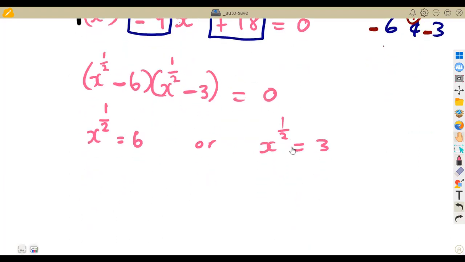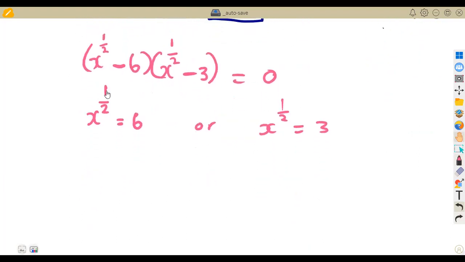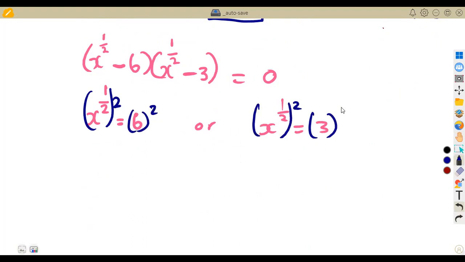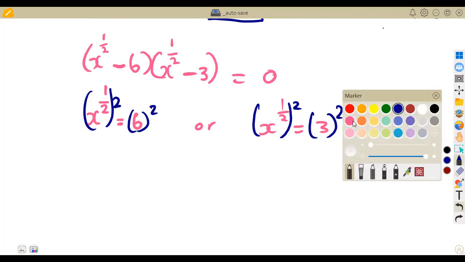It changes its sign. Now we are back to the reciprocal, because this is x being raised to the exponent of a half. So we just need the reciprocal of 1 over 2, which is a 2. So raise this to its reciprocal, also this to its reciprocal, then to 2. Everything raised to the exponent of 2.